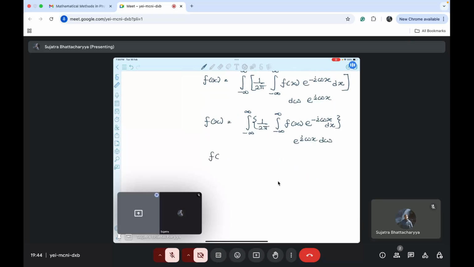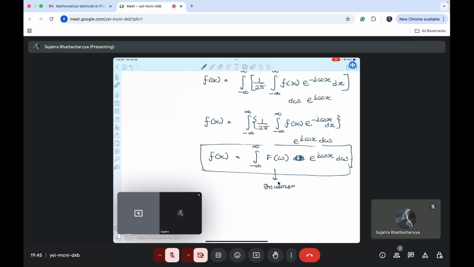I can still write this as f(x) equal to the integral from minus infinity to infinity of f of omega e to the power iota omega x d omega. This is what you call the inverse Fourier transform. Then what is the Fourier transform?